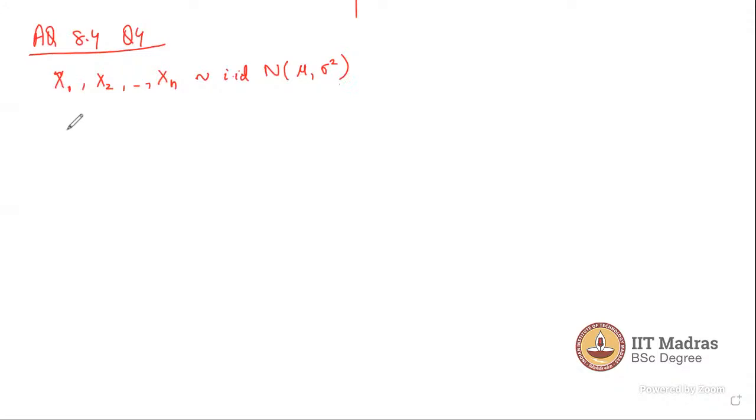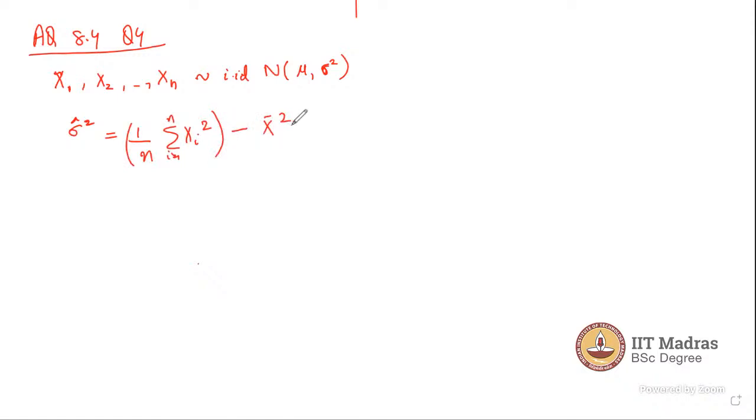We have to find the bias of an estimator. We have an estimator for our unknown parameter sigma square, given by sigma hat square, equal to 1 upon n sum over xi square, i varying from 1 to n, minus x bar square.